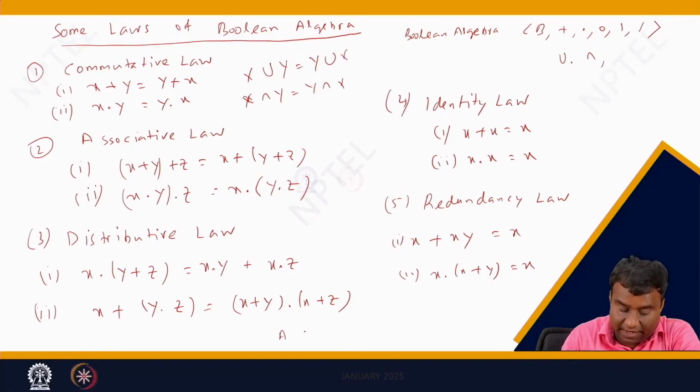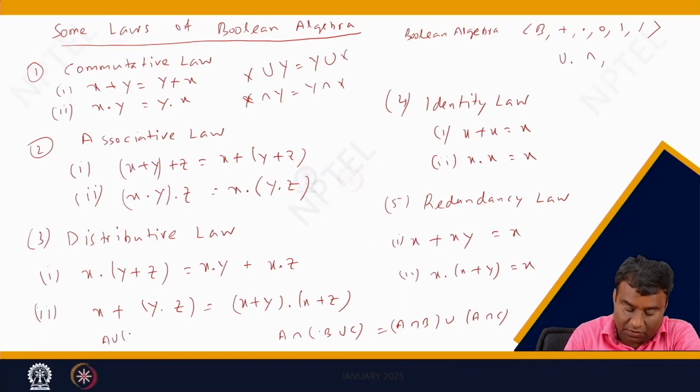This law, A intersection (B union C), you know that is (A intersection B) union (A intersection C). Similarly here also, A union (B intersection C) is equal to (A union B) intersection (A union C).